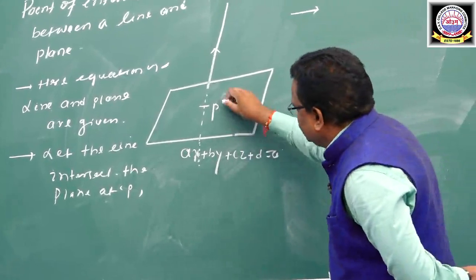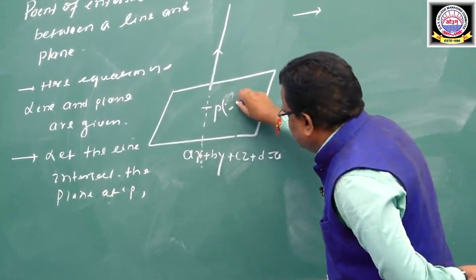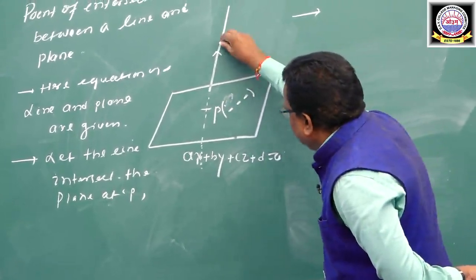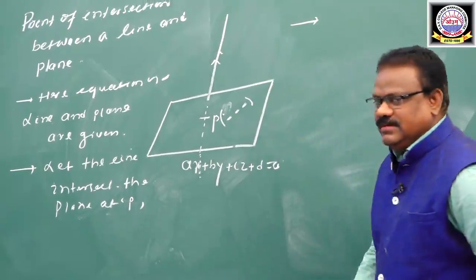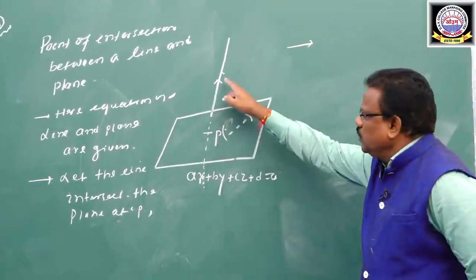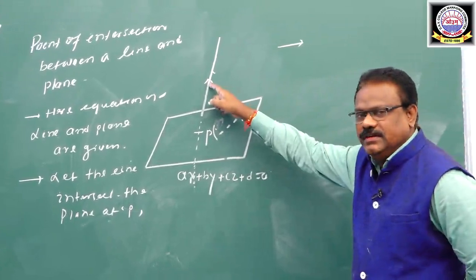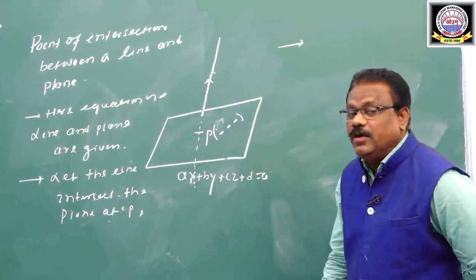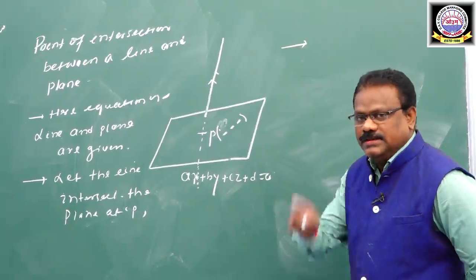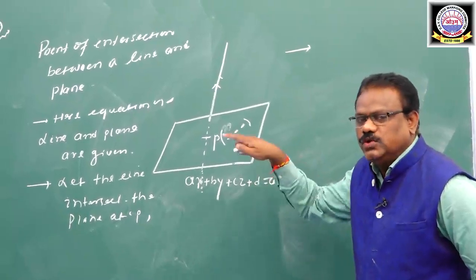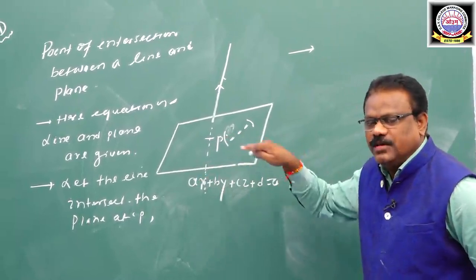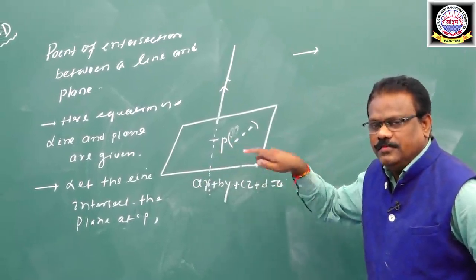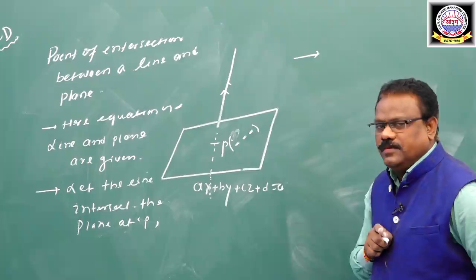Can I get the coordinates of the point P from the line, because the line equation is given? Though the line equation is given, we can find the coordinates of the point P in the form of lambda. That is, the line equation is equal to lambda, x in the form of lambda, y in the form of lambda, z in the form of lambda.